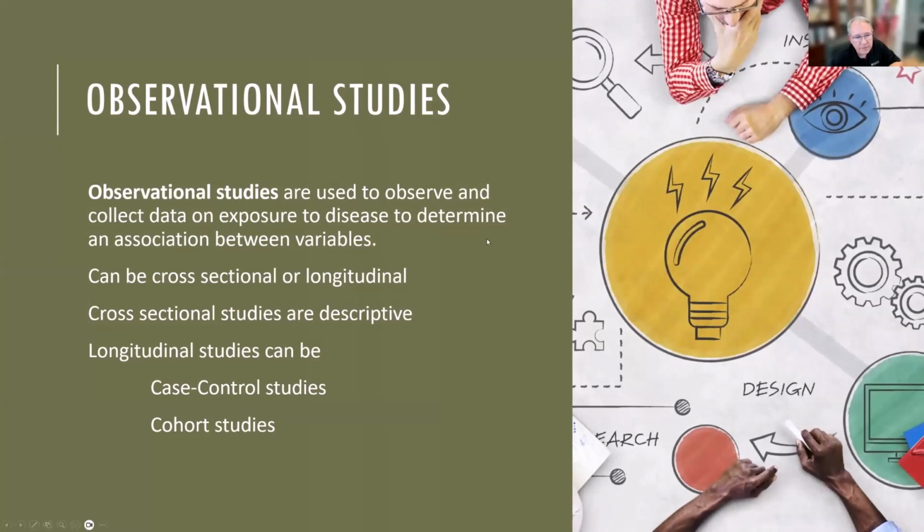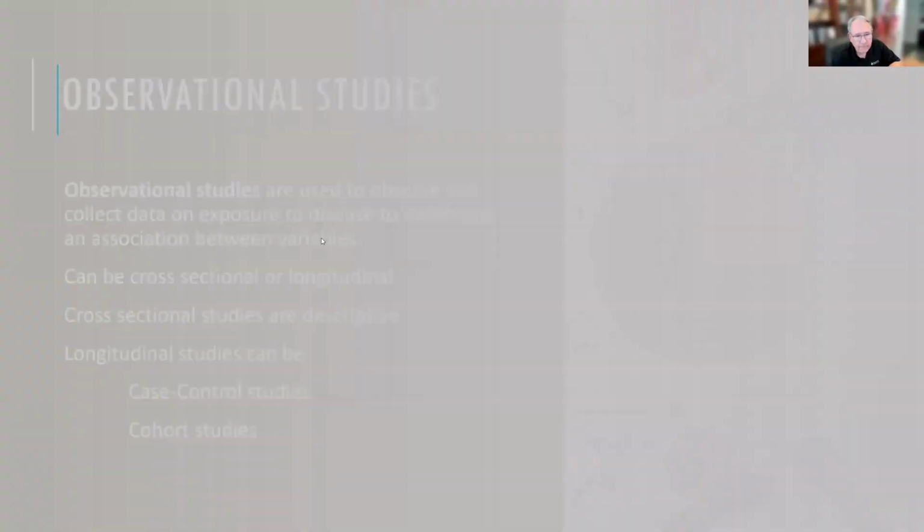Observational studies are used to observe and collect data on exposure to disease to determine an association between variables. Observational studies can be cross-sectional or longitudinal. Cross-sectional studies are descriptive. Longitudinal studies can be either case control studies or cohort studies.